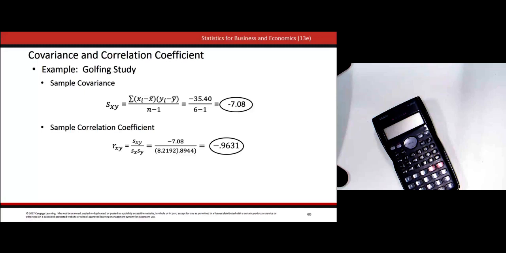Now we also calculate the sample correlation coefficient to see the strength of the relationship, which is the covariance divided by the standard deviations of the variables, which is negative 0.9631, which indicates a strong negative linear relationship.